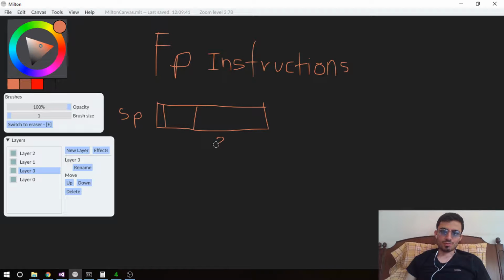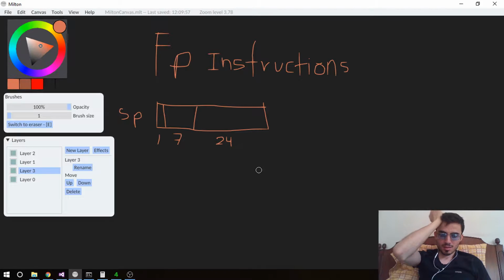So we have 24 bits for precision, or the significand, and 32 minus 24 is 8, minus 1 is 7, so 7 bits for the exponent and 1 for the sign.